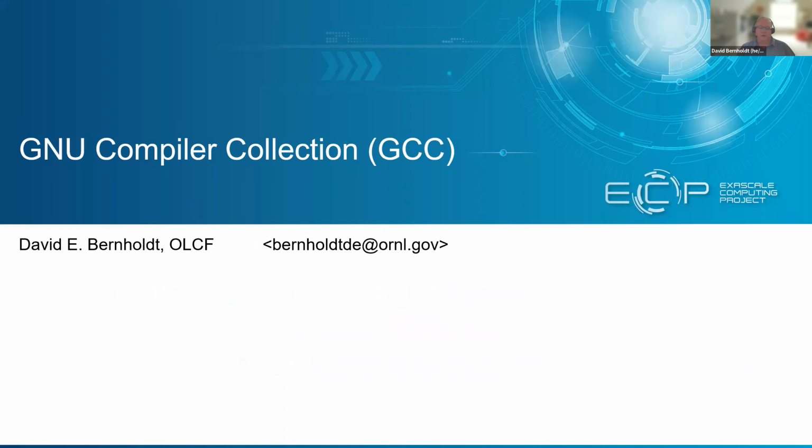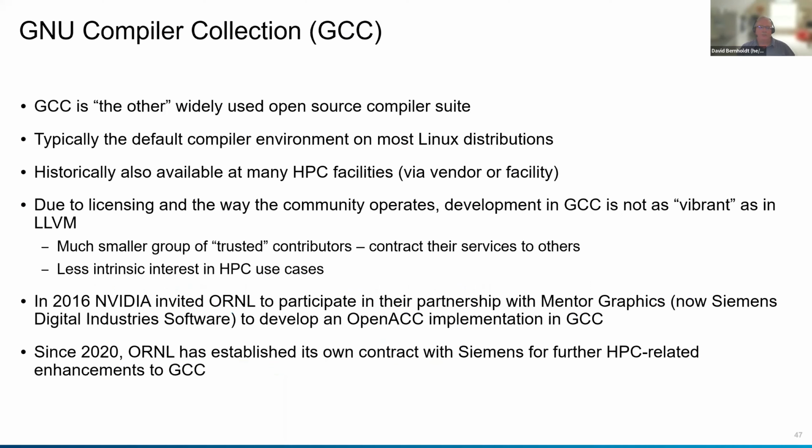Let me also spend a minute talking about GCC. GCC is really the other widely used open source compiler suite. It's often the default compiler for most Linux distributions, and it's historically been available at a lot of HPC facilities, whether it's provided by the vendor or the facility.